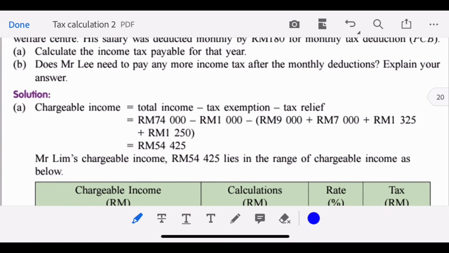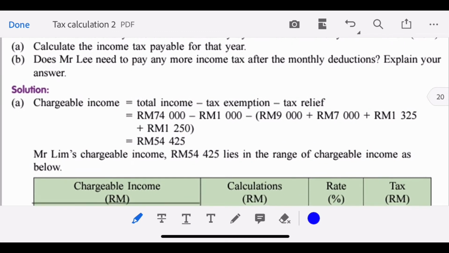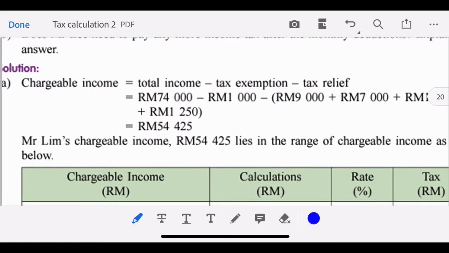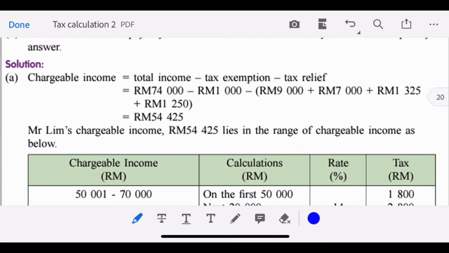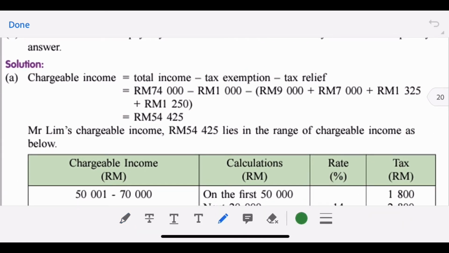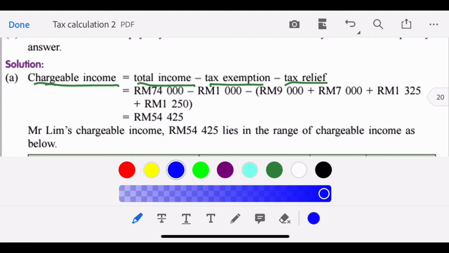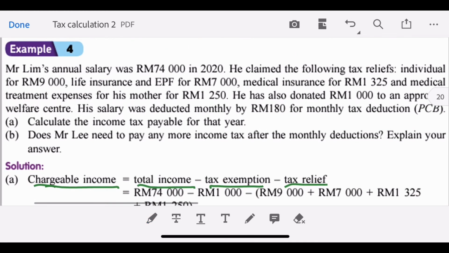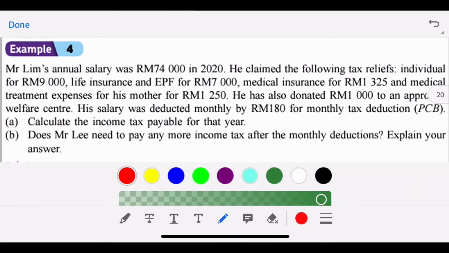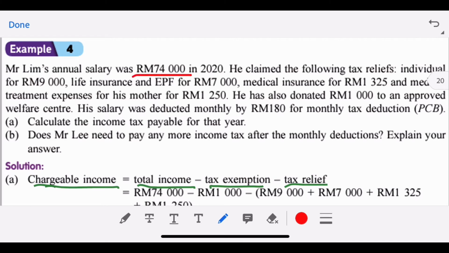Chargeable income first. The first thing is we need to find out the chargeable income, then we can refer to the table. So chargeable income will be total income minus tax exemption minus tax relief. So we will consider the total income for Mr. Lim, which is 74,000.